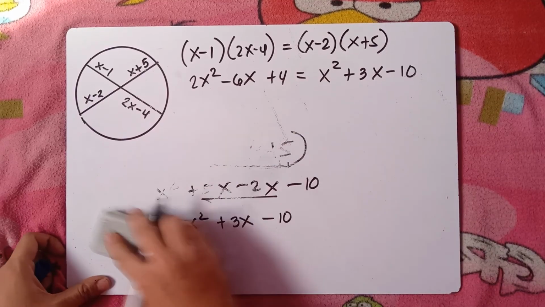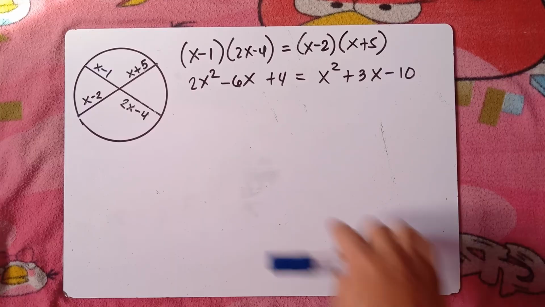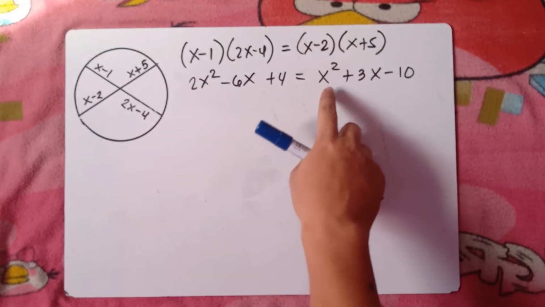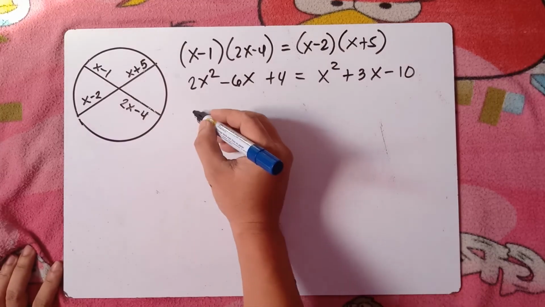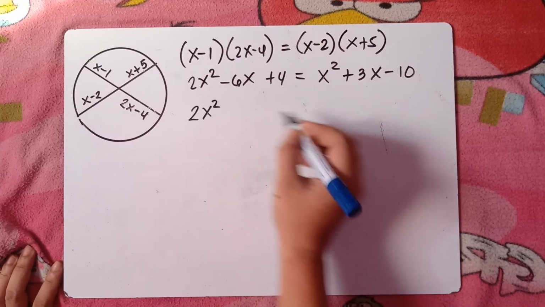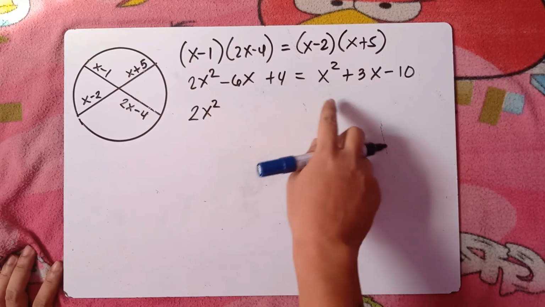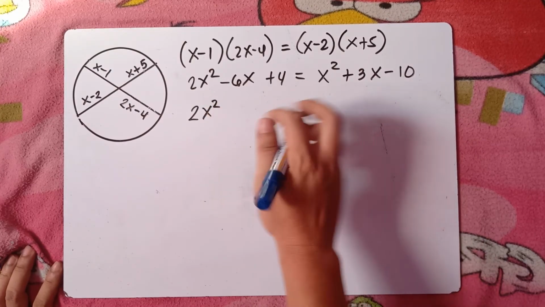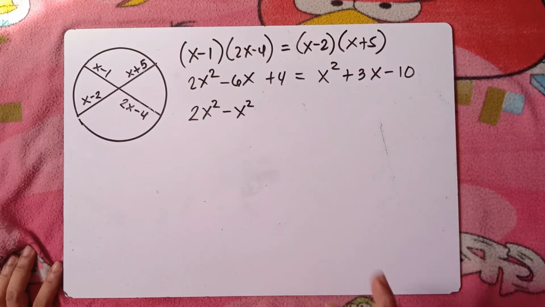Next, class, you need to transpose. Since we can transpose x squared from right to left, this will be 2x squared. Transpose this one from right to left, so this is positive, it becomes negative x squared. Sir, why do we need to transpose?